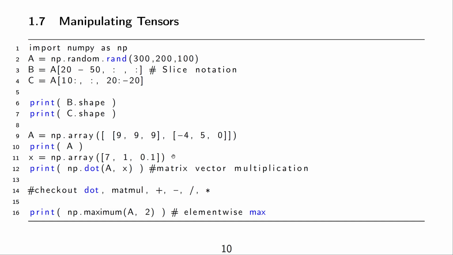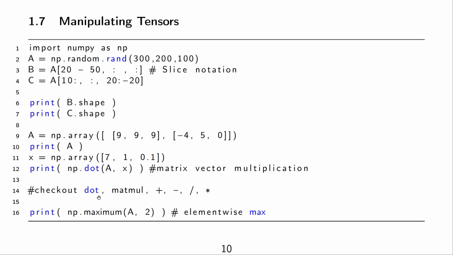This is basic linear algebra in Python, and so the matrix vector multiplication can be computed by this dot command. Now this dot command is heavily overloaded. You can use it for matrix vector multiplication. You can use it to compute the dot product and some other things. So again, just go and look up the documentation or some tutorial online.